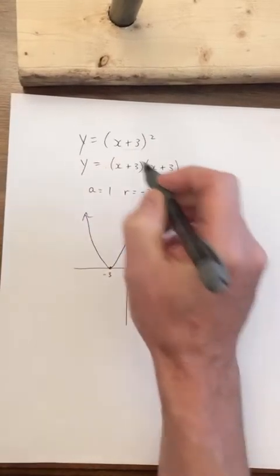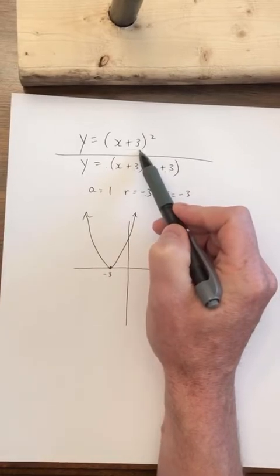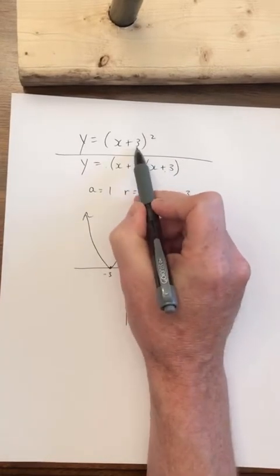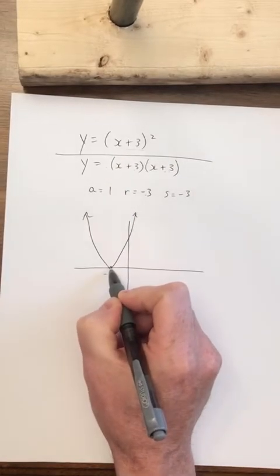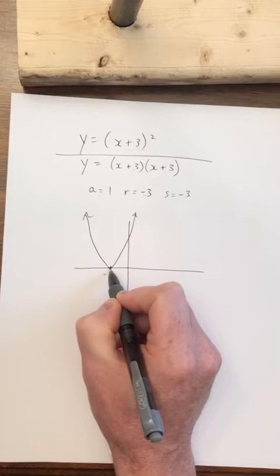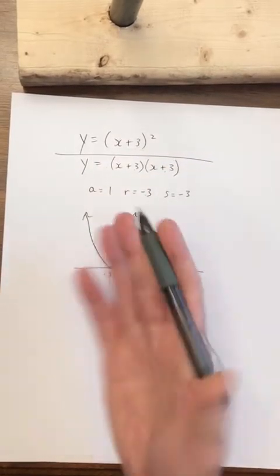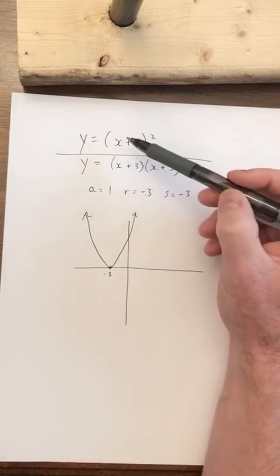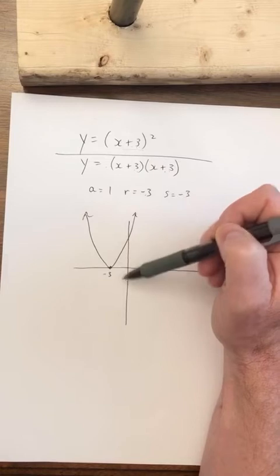If you look at this in vertex form, this tells us that our h value, we would be shifting our vertex 3 spaces to the left. And we don't have a k value. So you can see how vertex form and factored form do lead to the same thing.